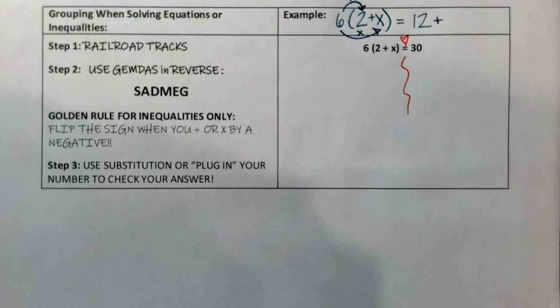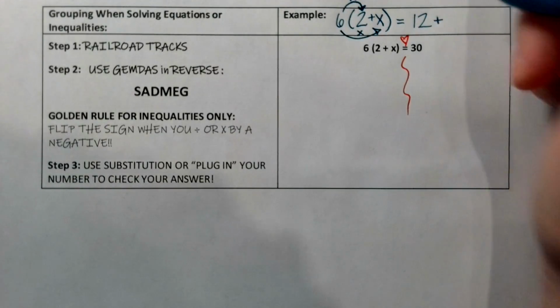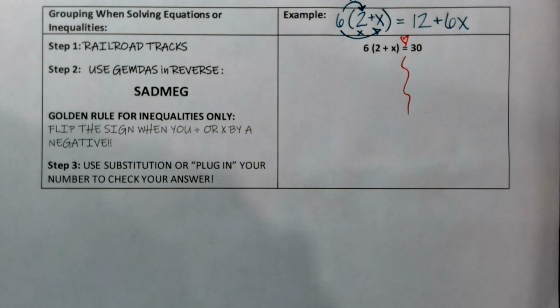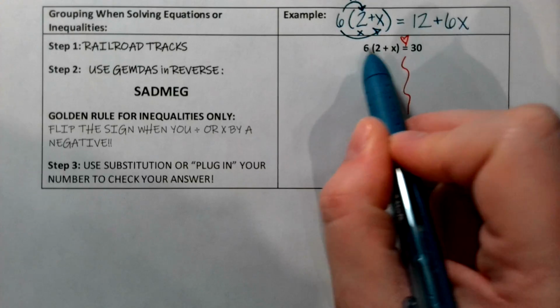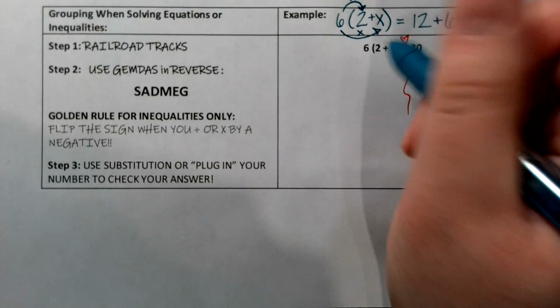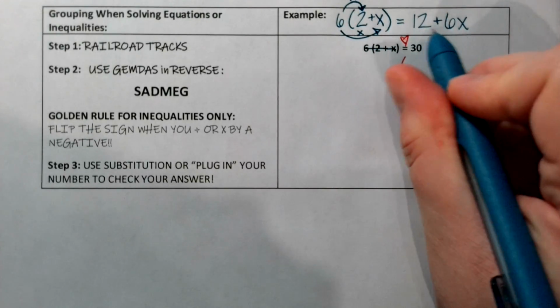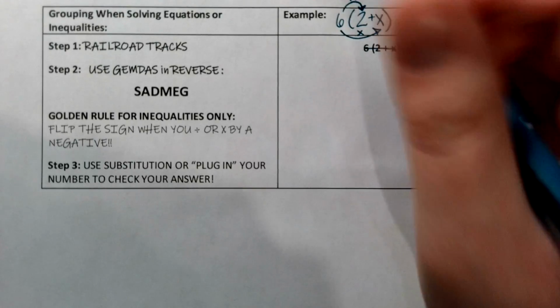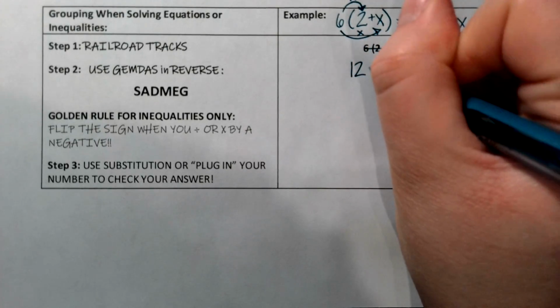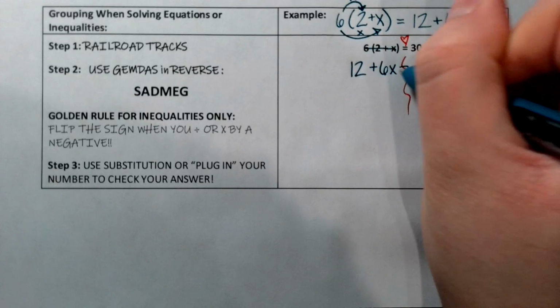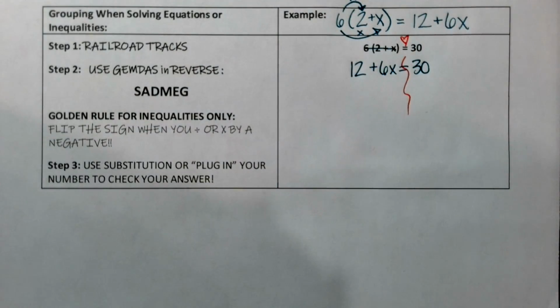And then I need to multiply 6 times x. What's 6 times x? 6x. So now instead of writing this 6 parenthesis 2 plus x parenthesis, I can write it this way. I can write 12 plus 6x is equal to 30.